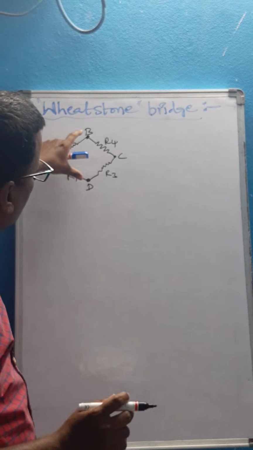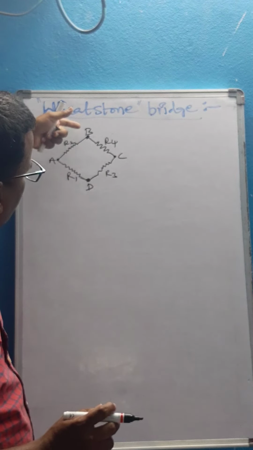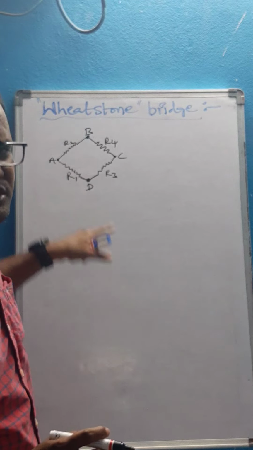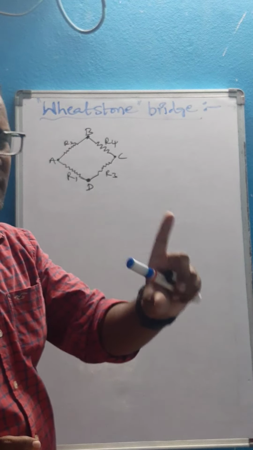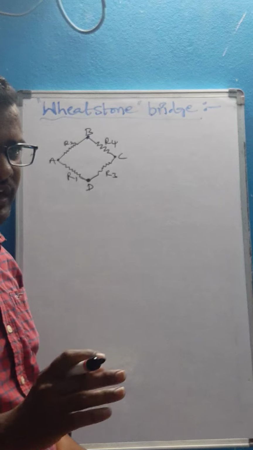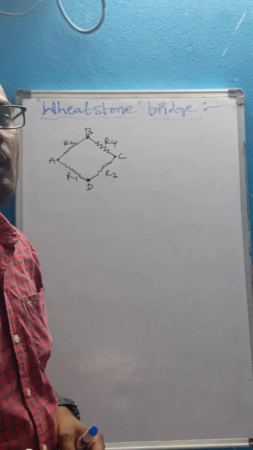In between the junction points B and D, we can connect the galvanometer.